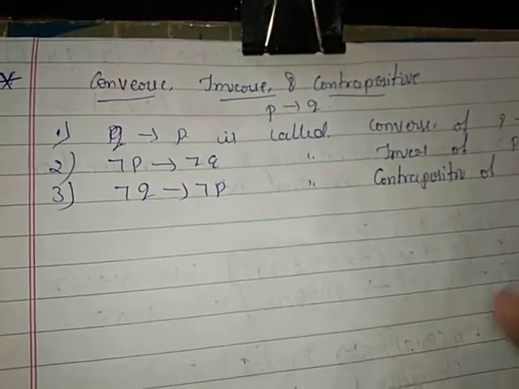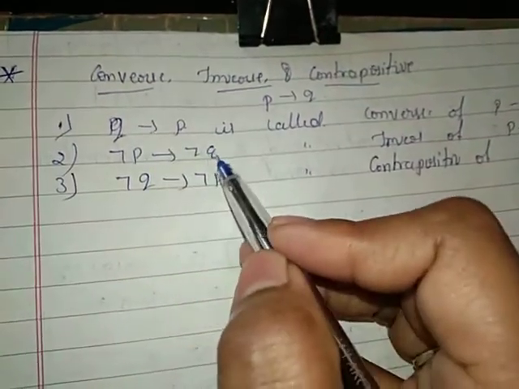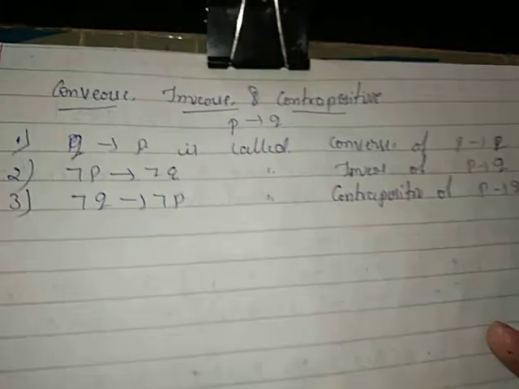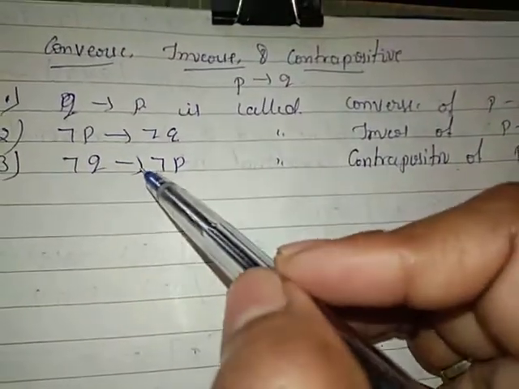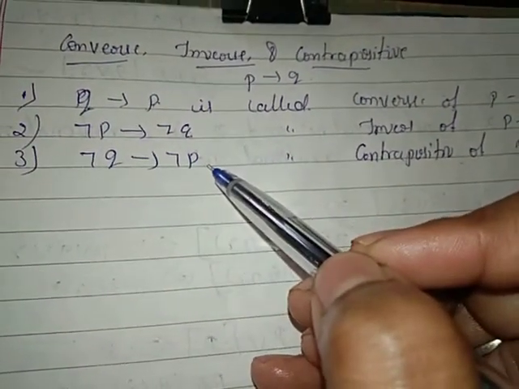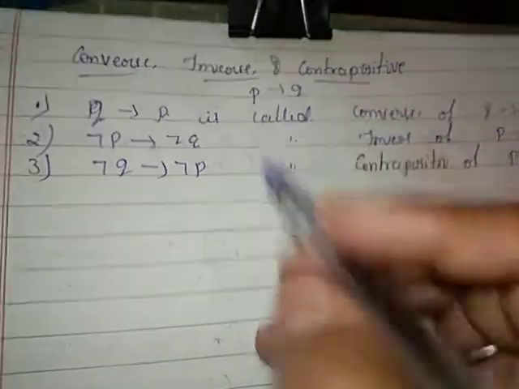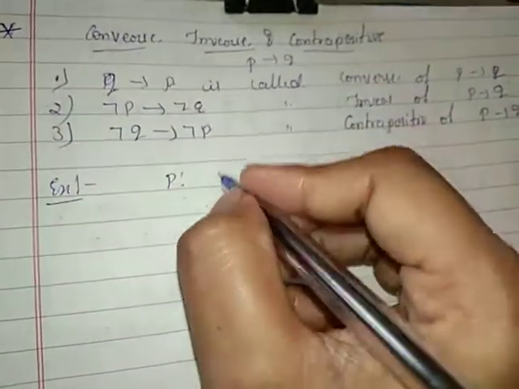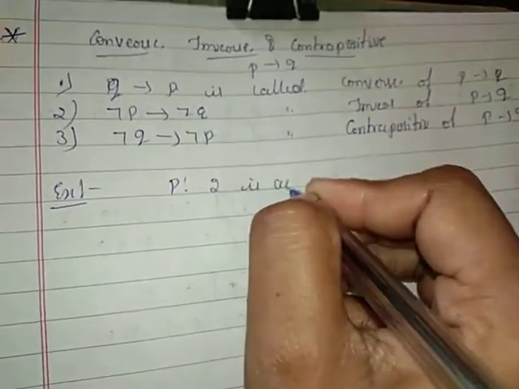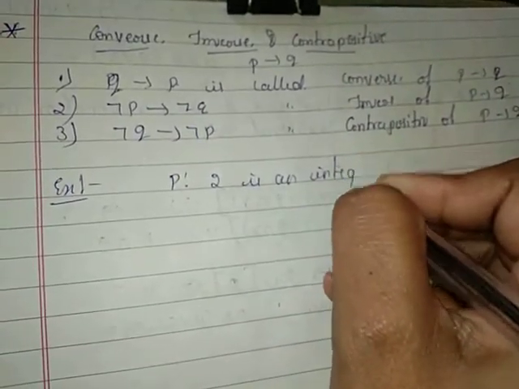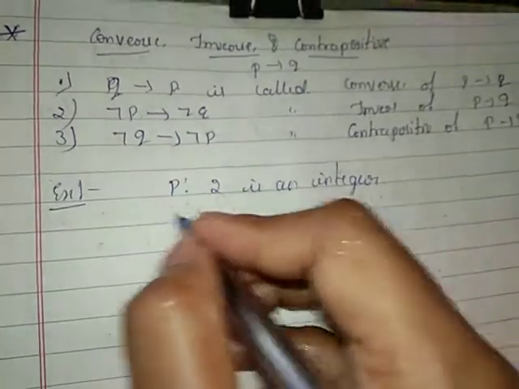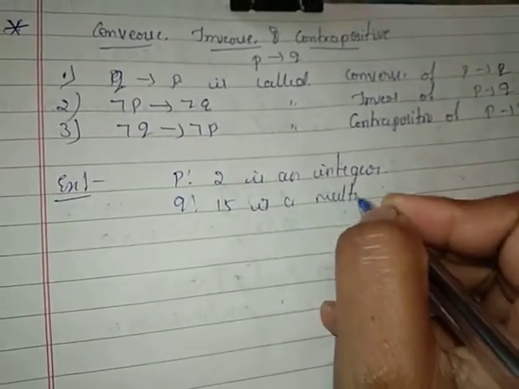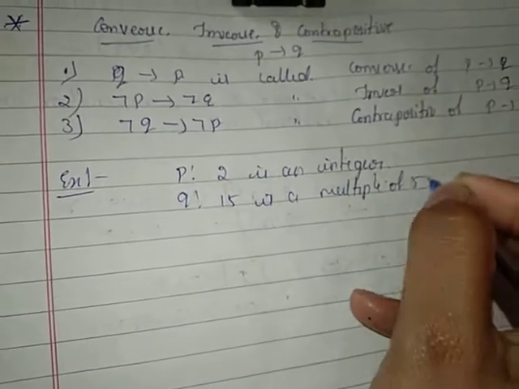Converse of p implies q is q implies p. Inverse of p implies q is negation of p implies negation of q. Contrapositive of p implies q is negation of q implies negation of p. So there are some statements. For example, consider proposition P: 2 is an integer. Q: 15 is a multiple of 5.